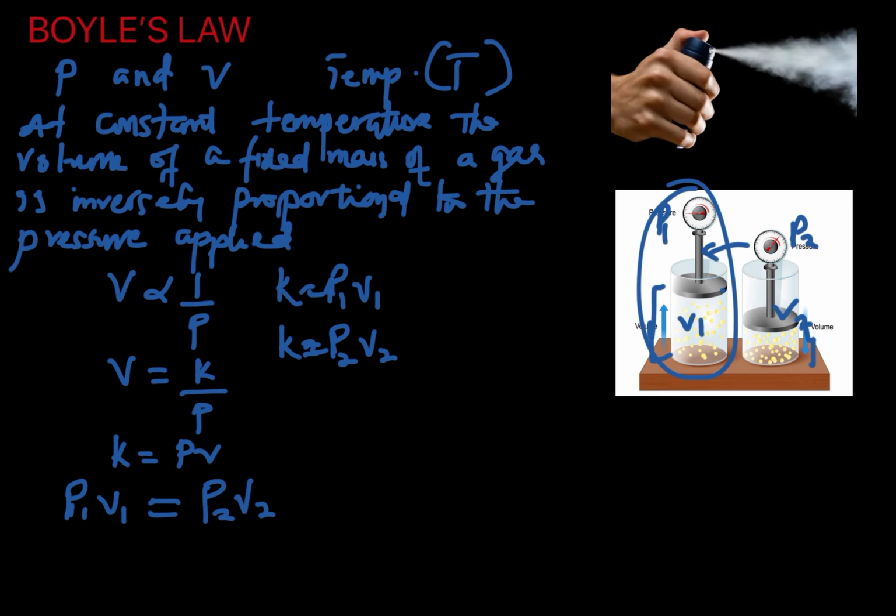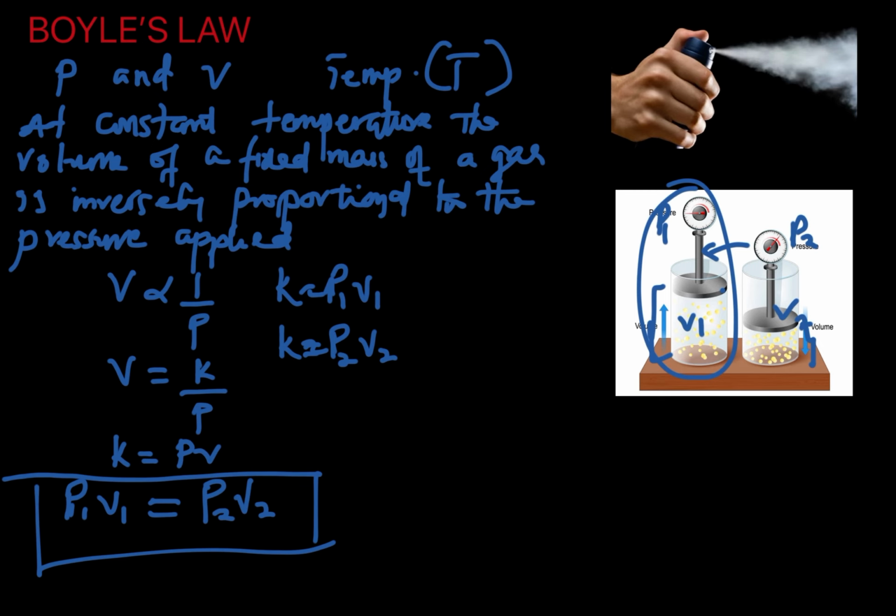When we put it together, we have P1 V1 equal to P2 V2. This relationship is used to calculate initial pressure, initial volume, final pressure, and final volume.